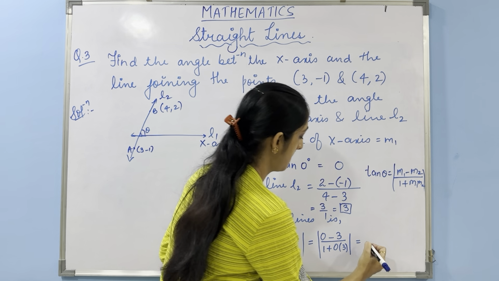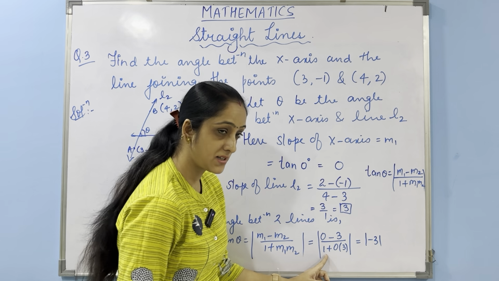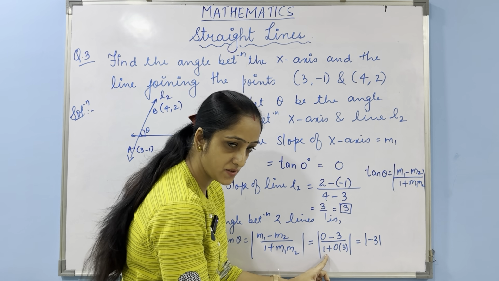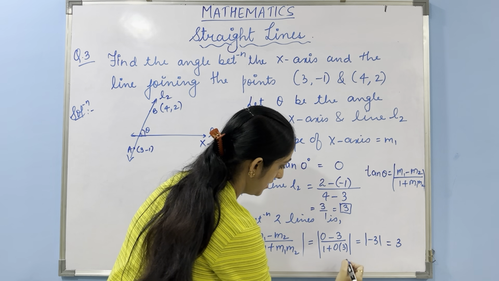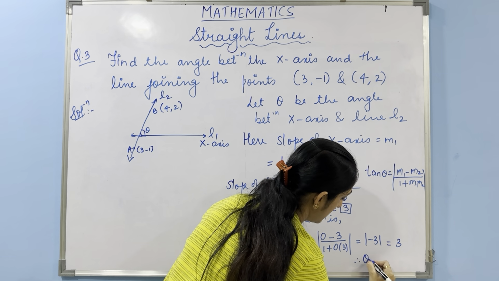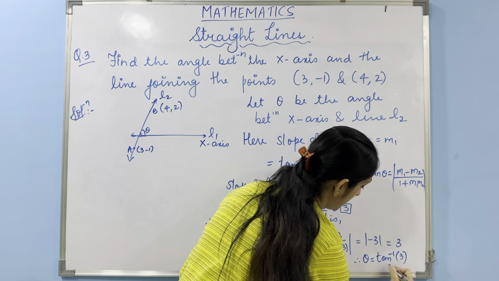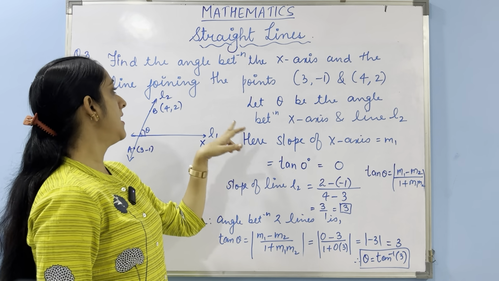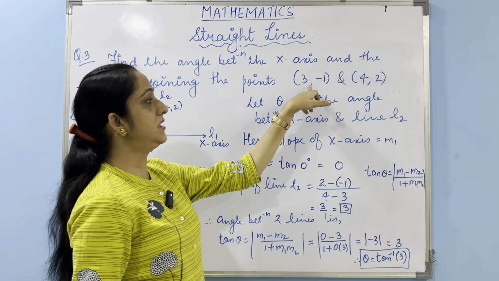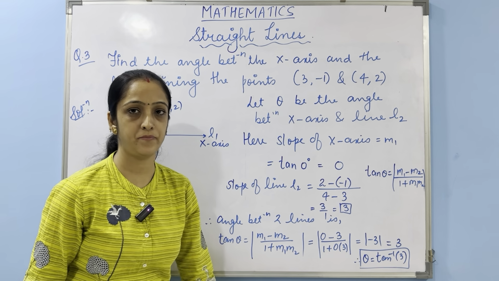This will be mod of minus 3 simply, because the denominator becomes 1, and mod minus 3 is 3. So theta is simply tan inverse of 3. This is the angle between the x-axis and the line joining these two given points. So this is how we solve this problem.